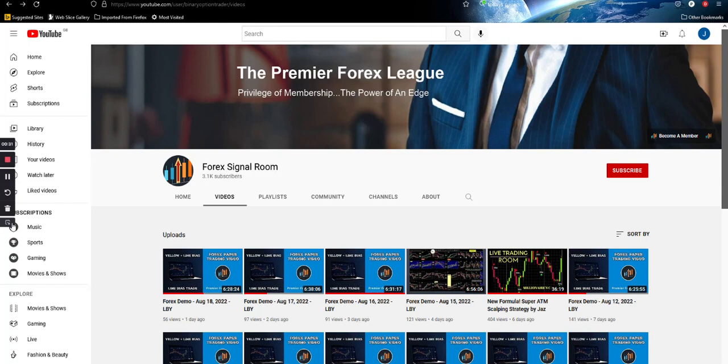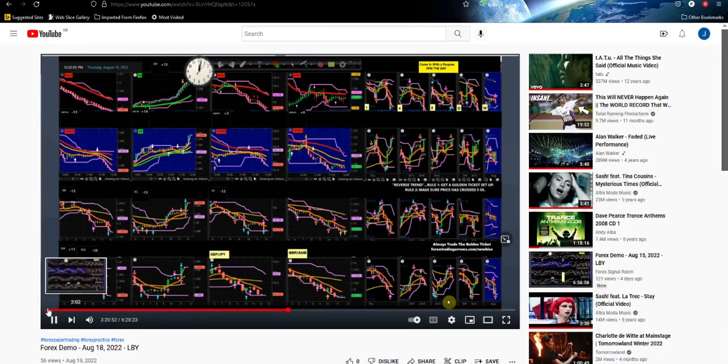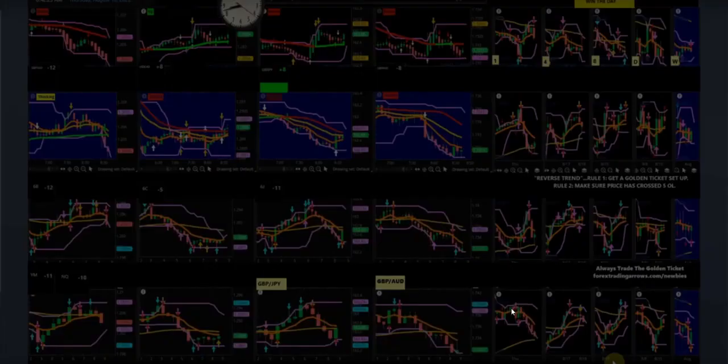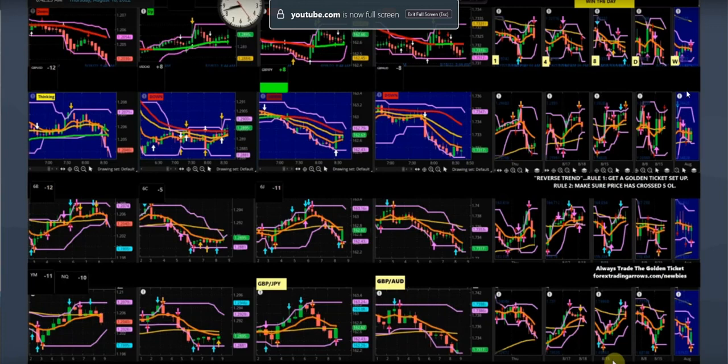This is the reason I've asked MT to now put the charts in a bit clearer, to zoom in a bit on the weekly charts. And I think there's only one recording I can show you this on. Okay, so this is kind of it here. You see, it's a lot clearer now.